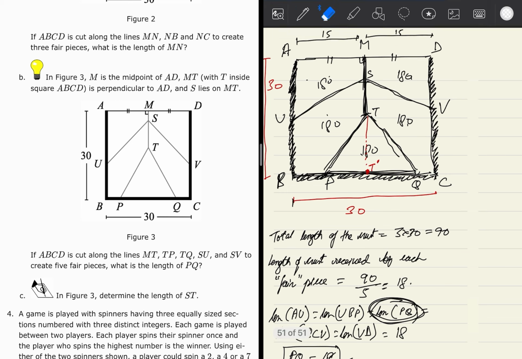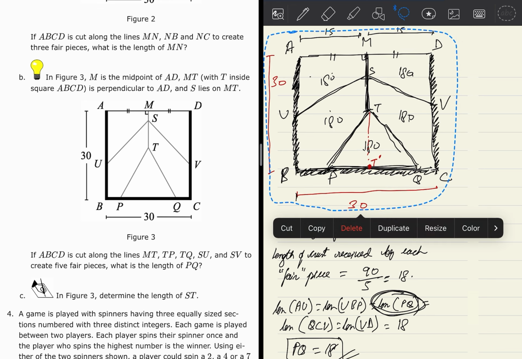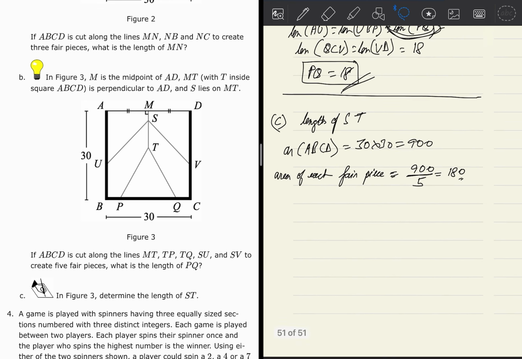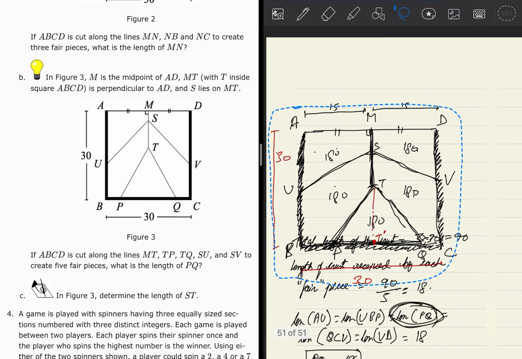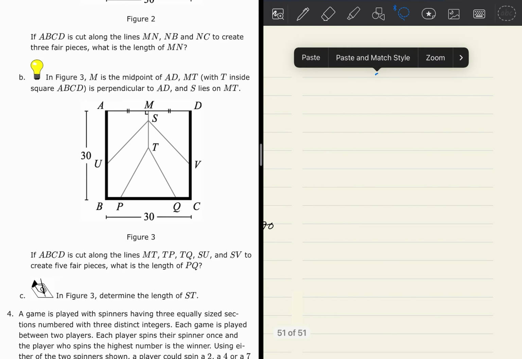Let me copy this diagram and bring it here.